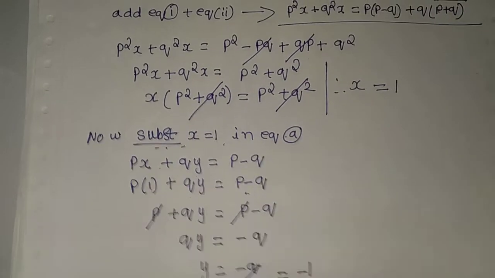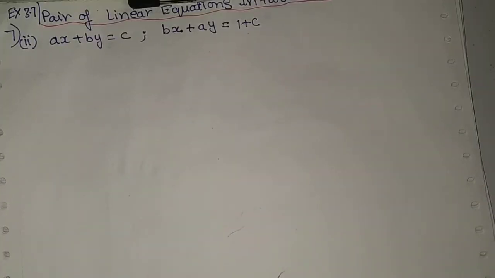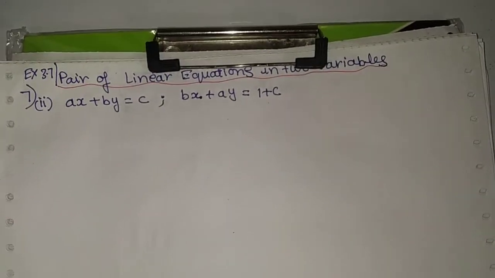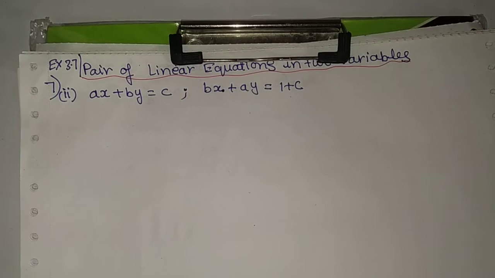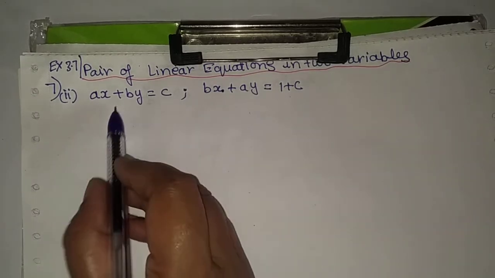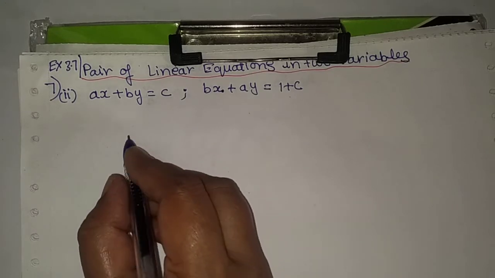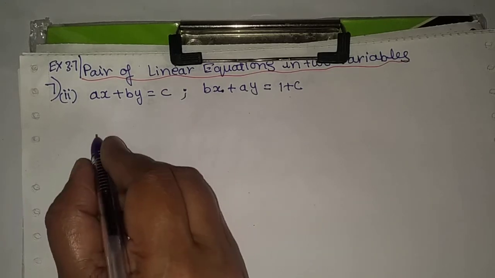We move on to the next one. So the second problem here is, see, this is the second problem. This pair of linear equations are given here. So we start the solution.